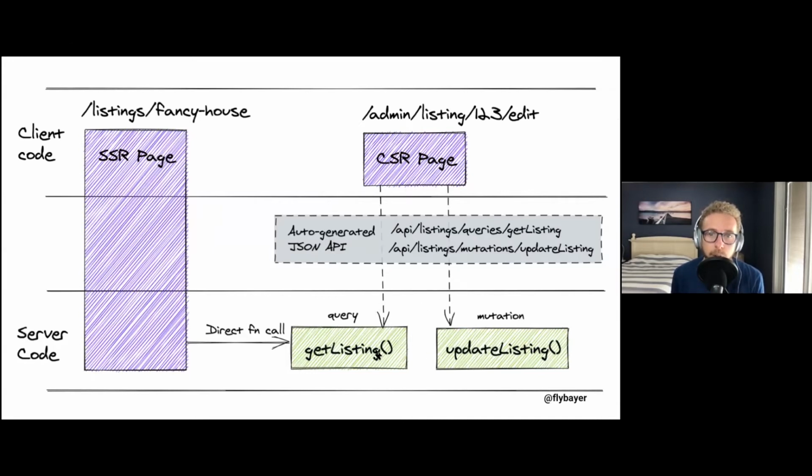And then on the bottom right, you have a get listing query and an update listing mutation. These dashed arrows represent importing that function directly into your component. And then at compile time, we swap it out with that API endpoint. And then it shows how you can reuse that same query directly on the server without an API call for a server-side rendered page.